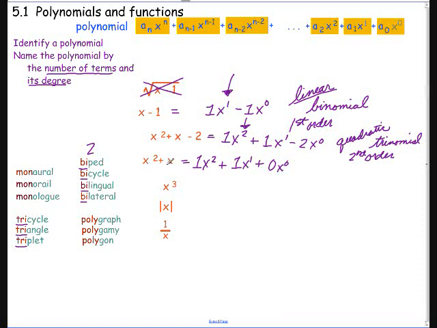And how many terms? We have 2, so it's a binomial. And the power, we always go to the highest power. So this one is a quadratic binomial.